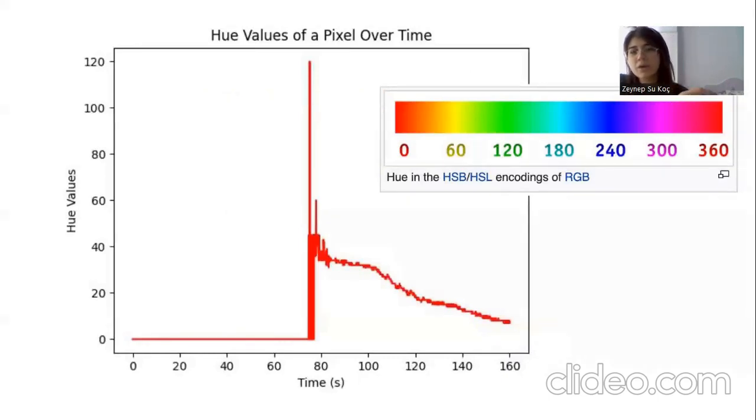They have a color correspondence. So as you can see, the 60 hue value corresponds to the orangish color, and this is also what we have obtained in our experiment. And now we can watch our experiment.